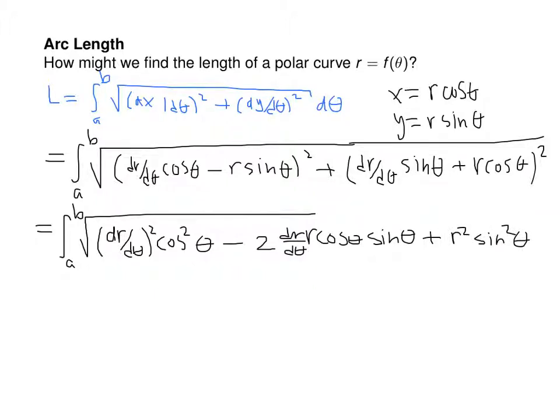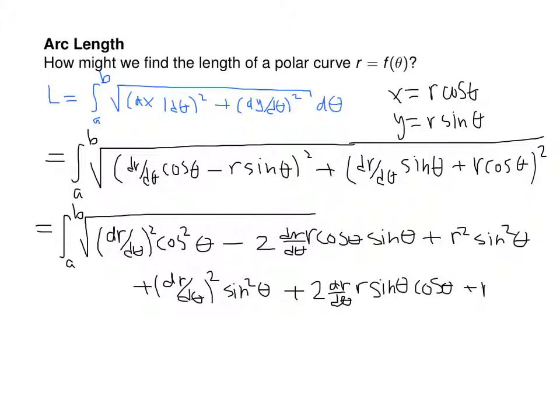The next one, plus dr d theta squared sine squared theta plus 2 dr d theta r sine theta cosine theta plus r squared cosine squared theta.